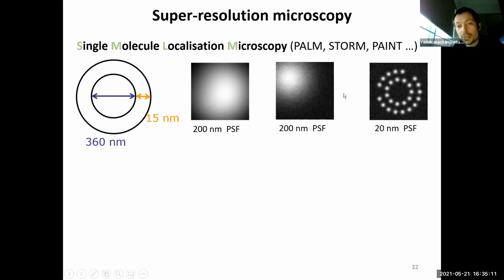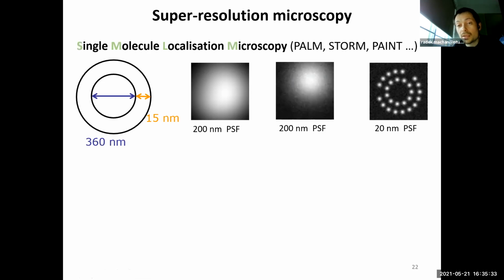I can capture such an image, and because I assume I see just one fluorophore, I can pinpoint quite accurately the center of the point spread function.